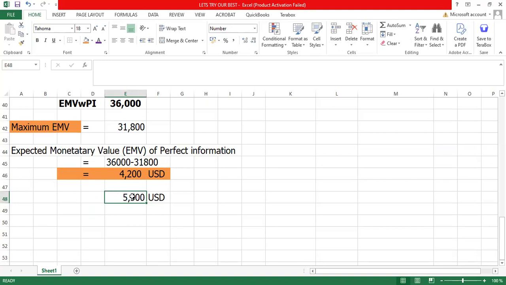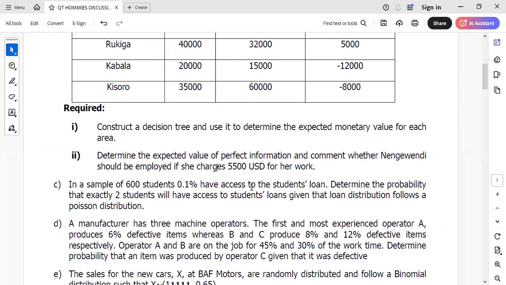So the question is, should we go ahead and engage Nange Wendy Consult, or do our own research? We do our own research. So you will comment and say that Nange Wendy should not be employed, because her cost is higher compared to the cost of the company doing its own research.